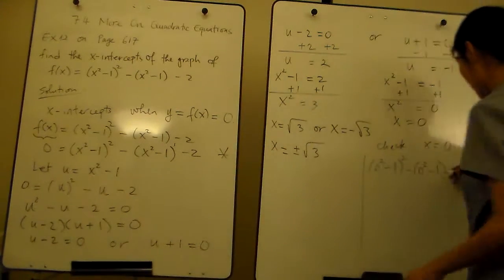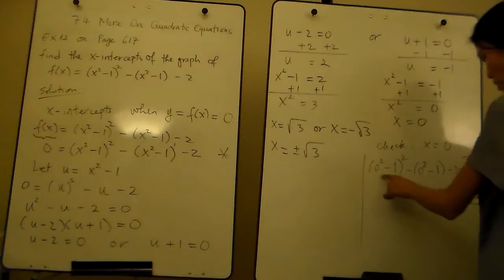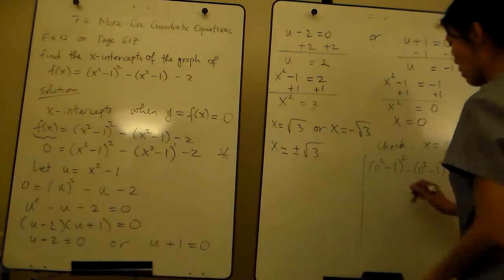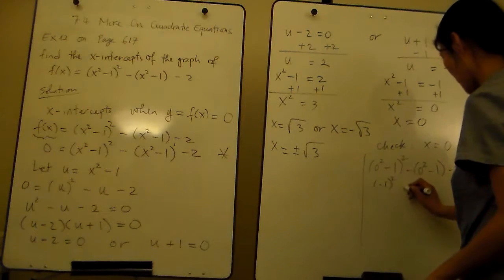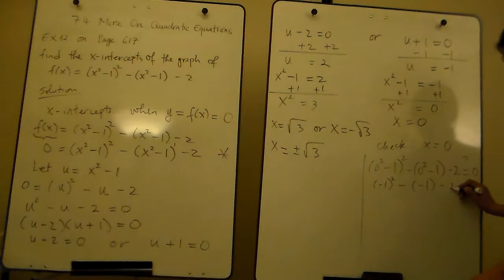I'm using this equation to see if it's equal to 0. 0 minus 1 is negative 1 squared, minus 0 minus 1 is negative 1, minus 2.